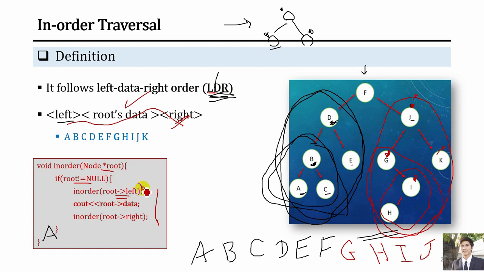So we recurse left, we display data, and then we recurse right. Using this format, the recursive function will get all the data we need. Later on we will implement them together in our code to see whether we get the same result.